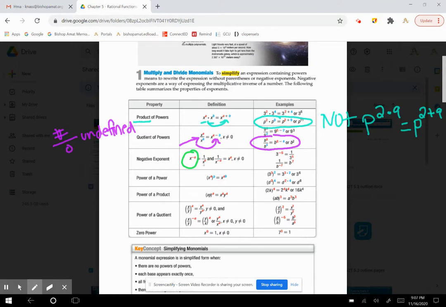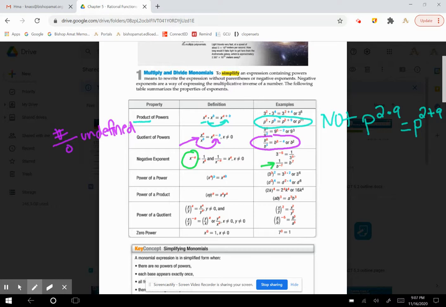And the other way around, if you have 1 over x to the negative power, to make it positive, you bring it to the top of the fraction. So again, let's look at the variable. 1 over b to the negative 7th, to make that positive, you bring it to the top. And if you had 3 to the negative 5, to make that positive, you bring it to the bottom.